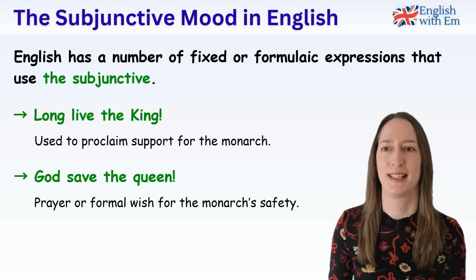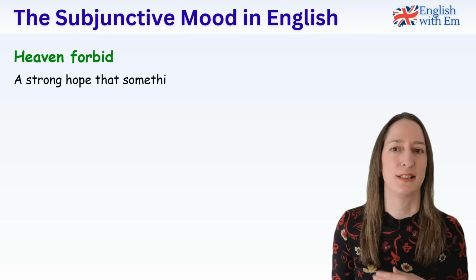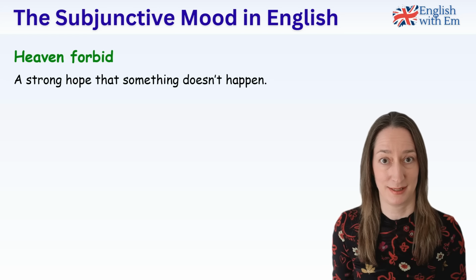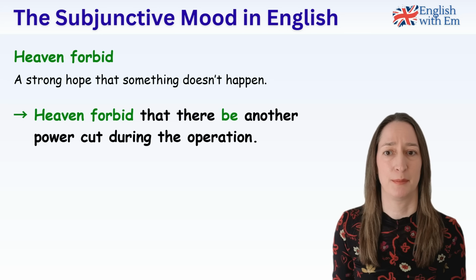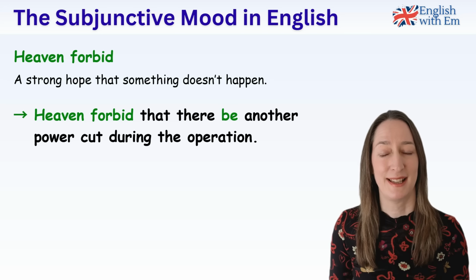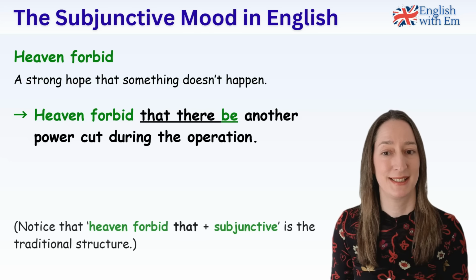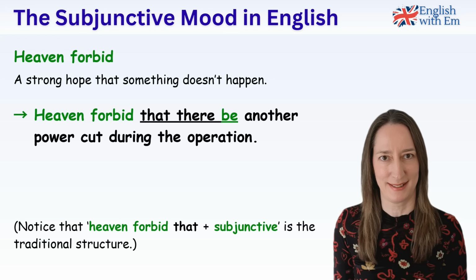So let's start by looking at heaven forbid. This expresses a strong hope that something doesn't happen. Heaven forbid that there be another power cut during the operation. Notice that heaven forbid that plus the subjunctive is the traditional structure here.